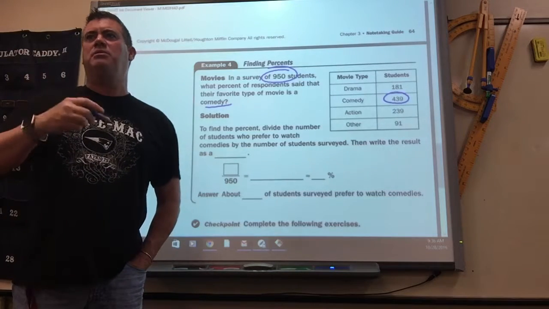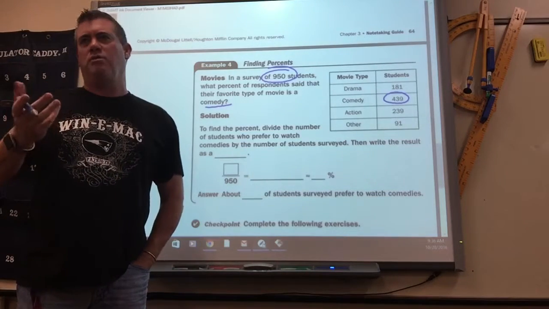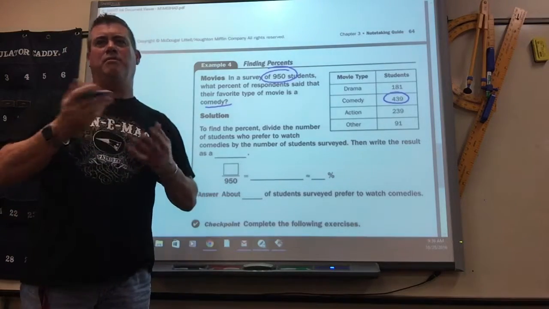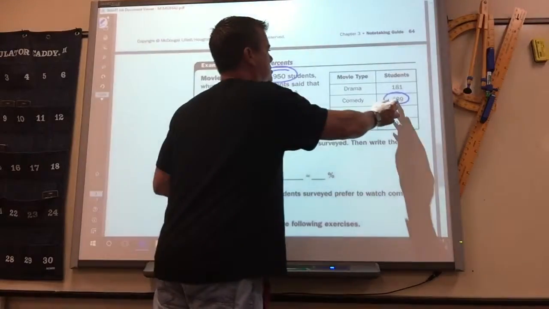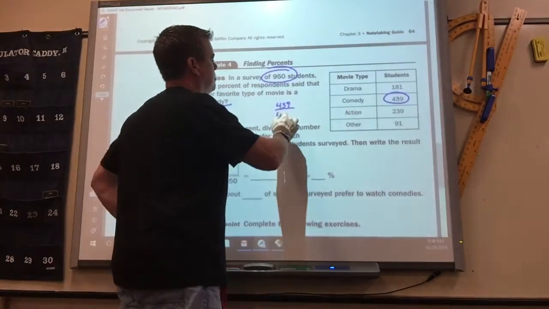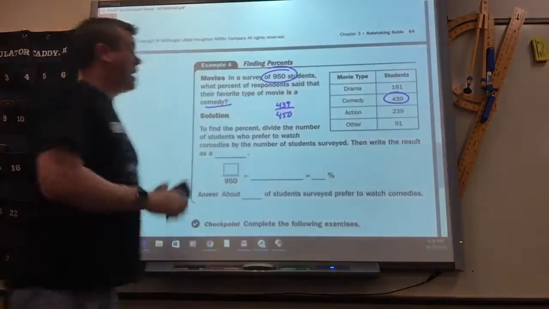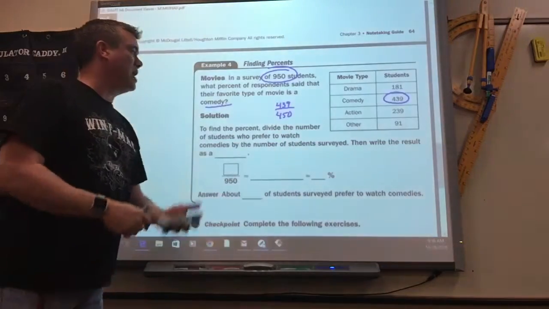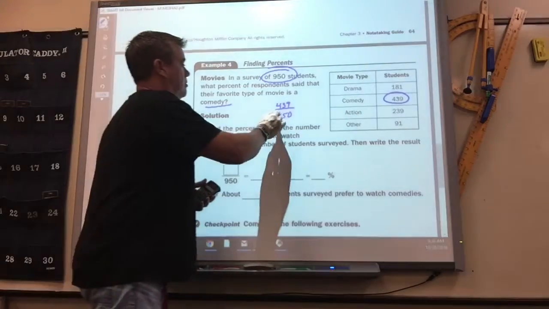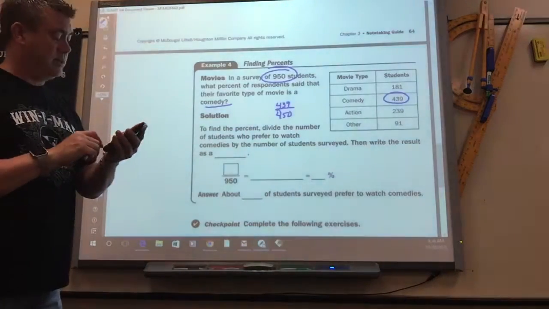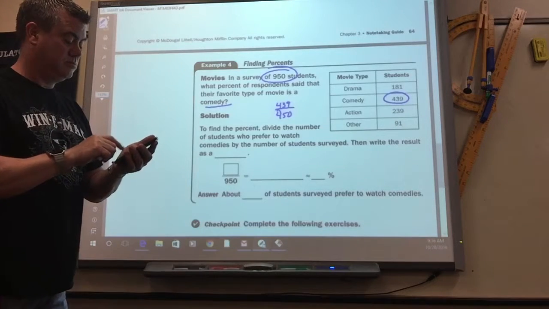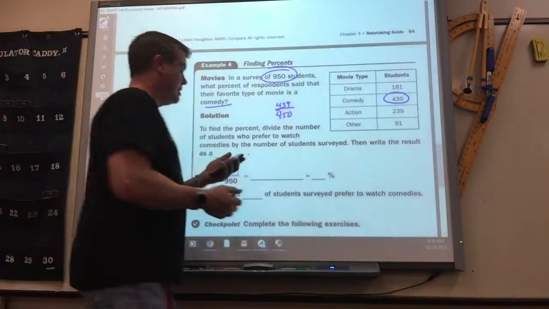What you got right divided by total. To find a percentage, you take what you're talking about divided by the total. So all you got to do is take 439 divided by the total. So that's a ratio. I mean, that's 950, not 450.